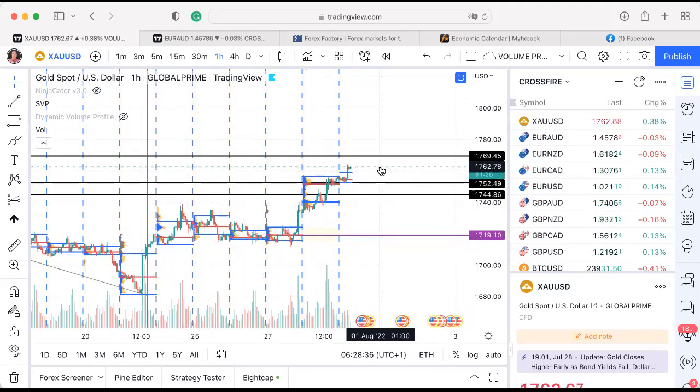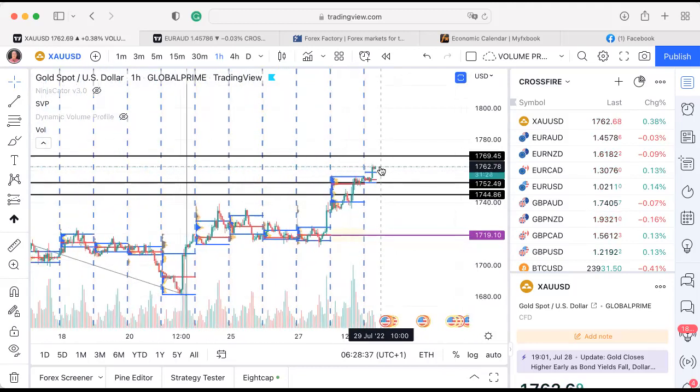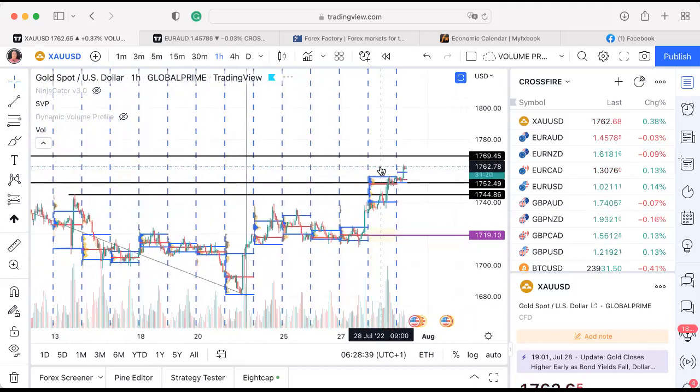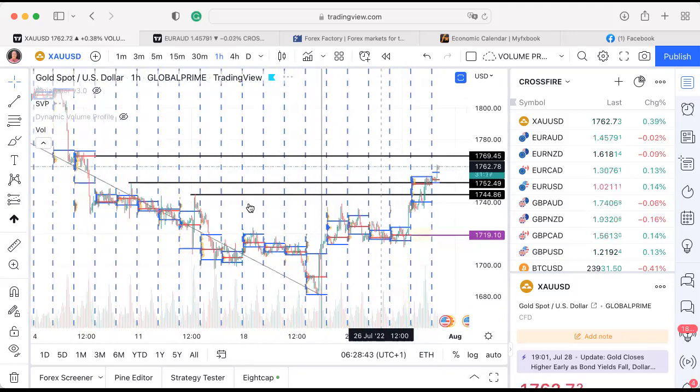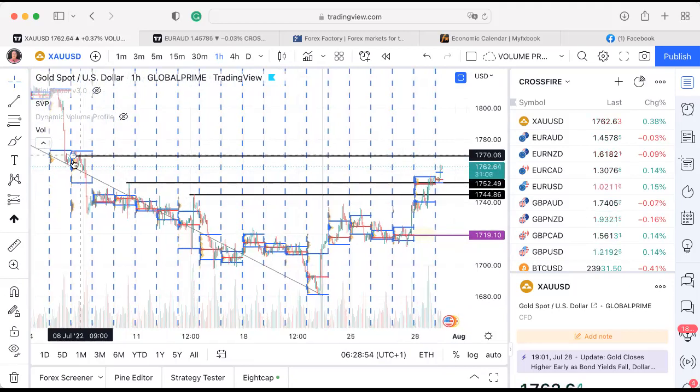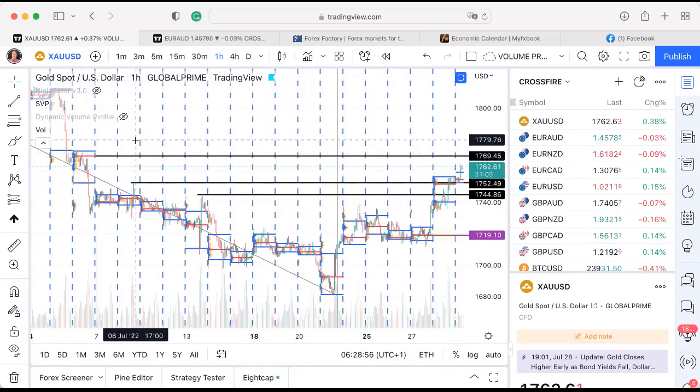I've got these black lines on here because these are points of interest, and I took those from previous high points. There was a high point there, it's already gone through that. There was another high point there, it's already gone through that, and it's now potentially heading up to this high point here.